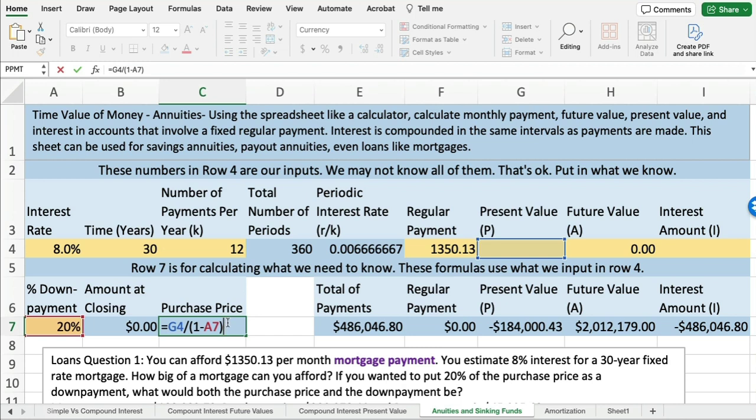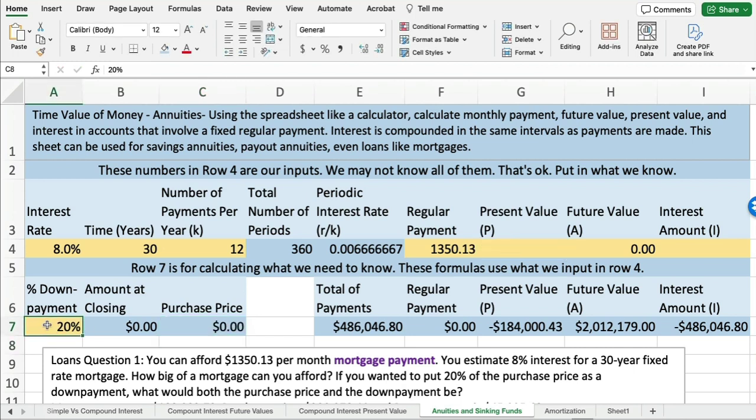So again, purchase price, located in cell C7, is equal to your mortgage amount divided by, parenthesis, 1 minus A7, close parenthesis, because the A7 number is actually treated as a decimal. It's 0.20 in this case. So 1 minus that would be 80%. So we're taking our mortgage amount and dividing it by 80% to get the purchase price. Okay? So once you have those three things in place, everything else is all set to go.